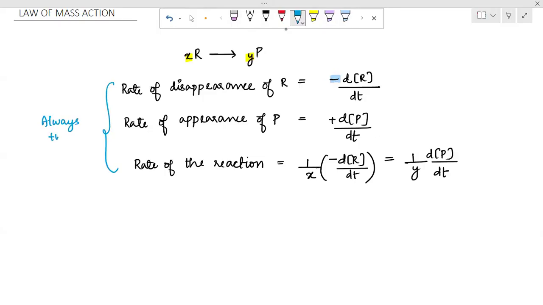Always positive. And this can be determined only for the reactions that proceed with moderate speed. Reactions that proceed with moderate speed. Okay, so this is what we learned yesterday.